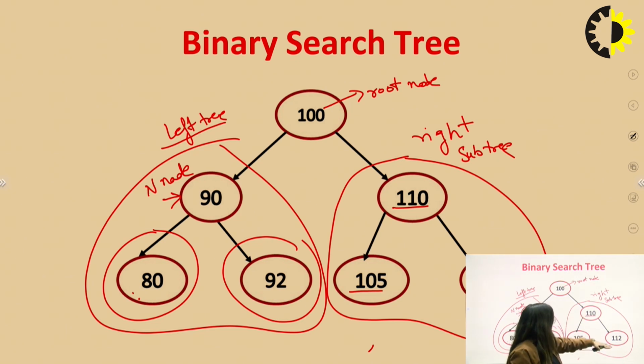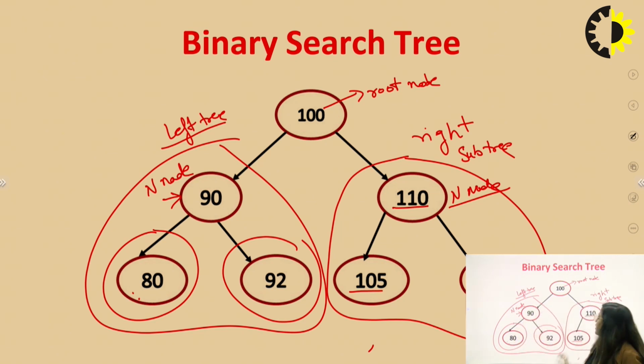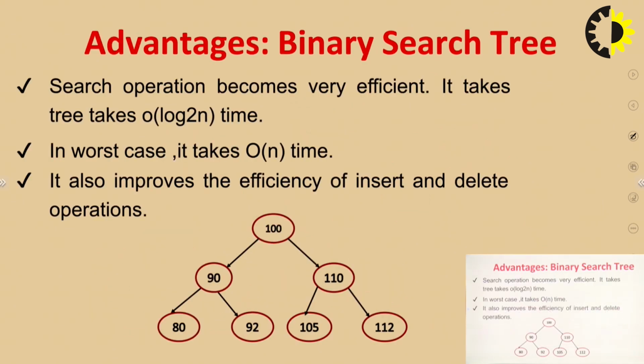The same property applies: 105 is less than 110, the parent node, and the right subtree is 112, which is greater than 110. So this whole tree is called a binary search tree.